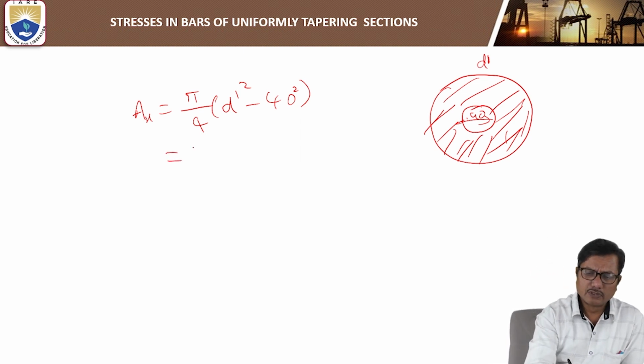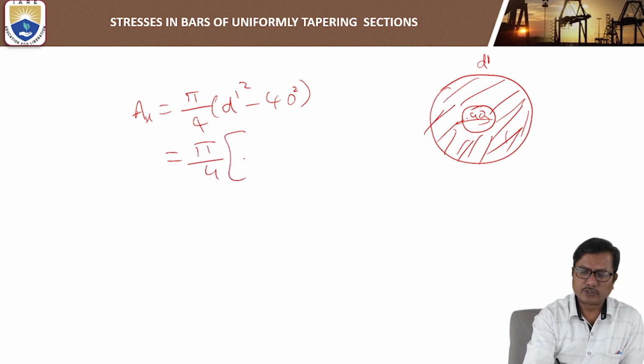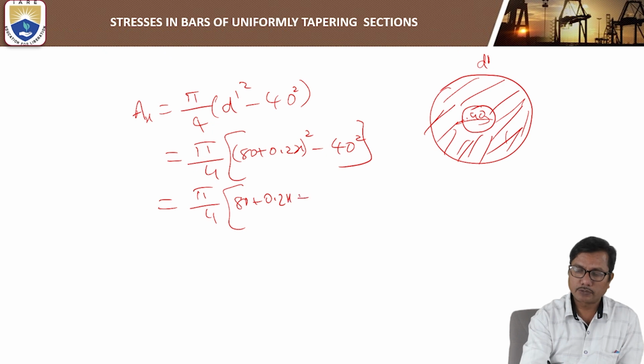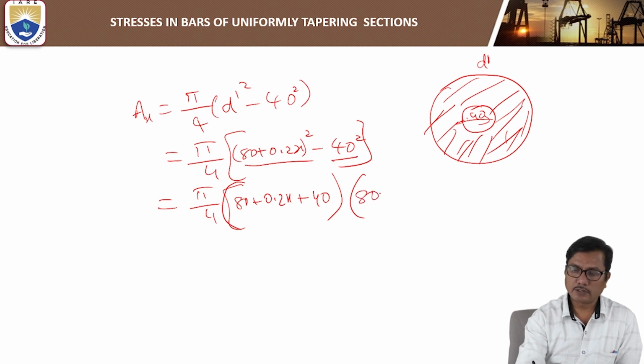So that is pi by 4. What is d dash? 80 plus 0.2x, squared, minus 40 square. It comes out to be a square minus b square, isn't it? 80 plus 0.2x plus 40, into 80 plus 0.2x minus 40.